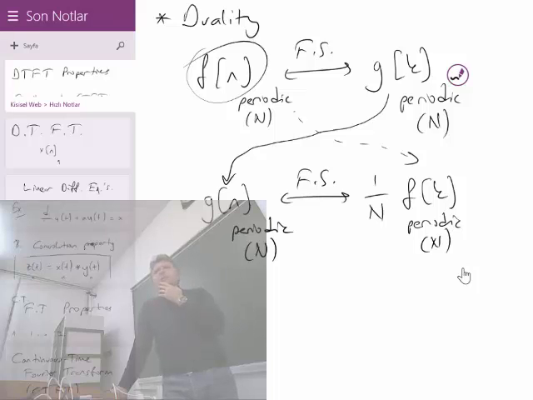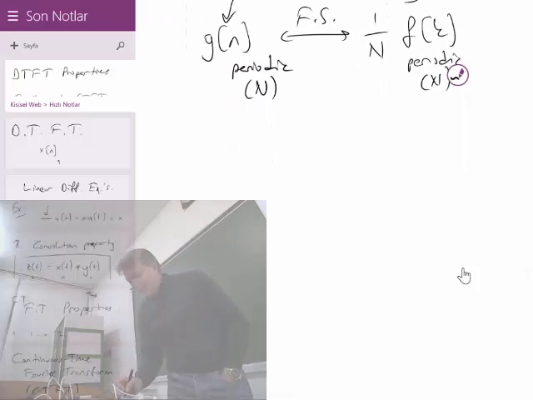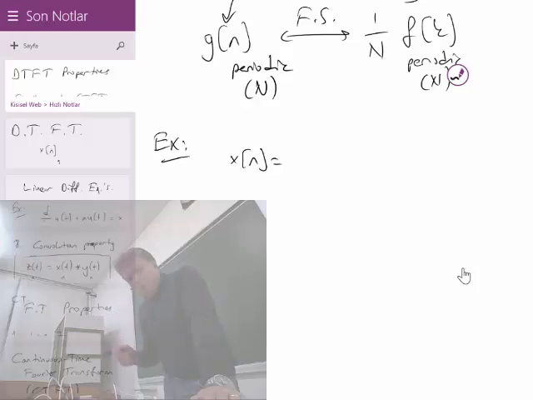No. This is just the duality property that may help us to find the Fourier series coefficients of some periodic discrete time signals. Okay, let me give an example. And maybe you will recognize why we may need to use this duality property. Let's assume that the periodic signal that we have is a strange signal of this form.